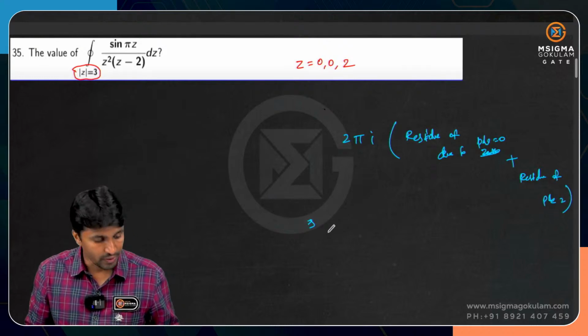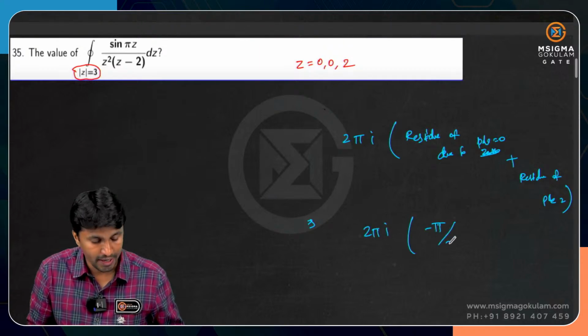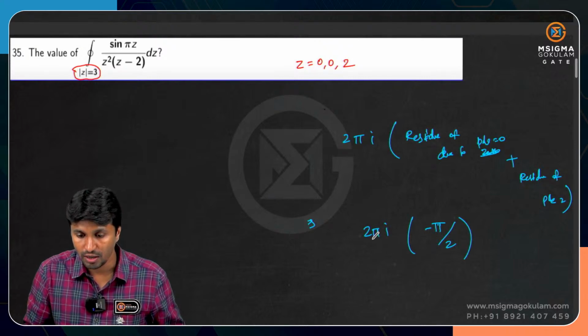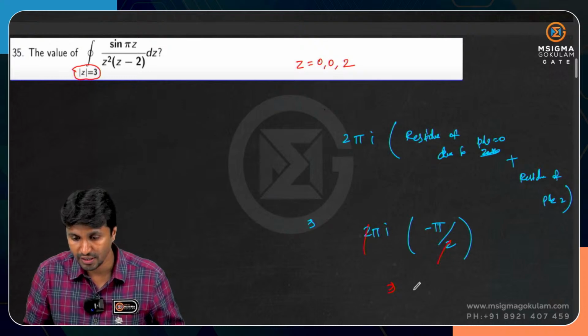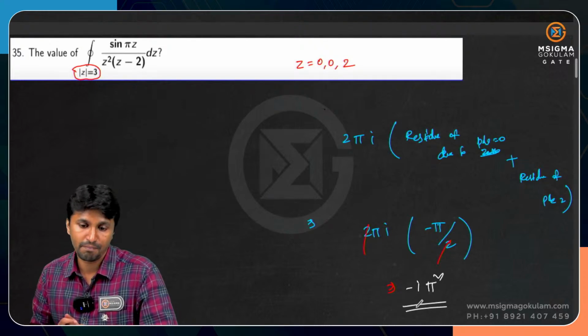When you solve this one, the answer comes out as 2 pi I into minus pi by 2. So therefore 2 and 2 will cancel. So what is the resultant answer? Minus I pi square.